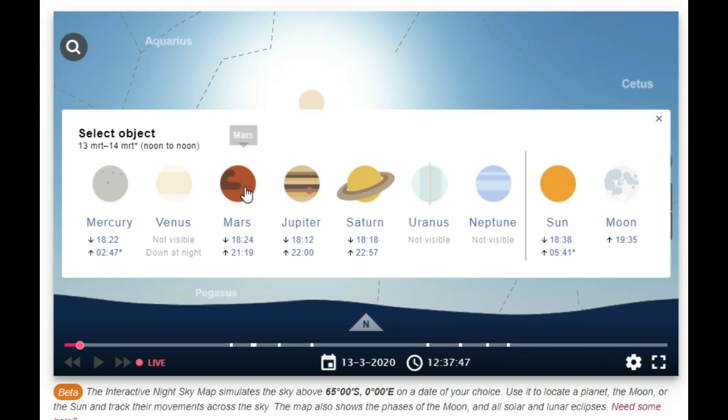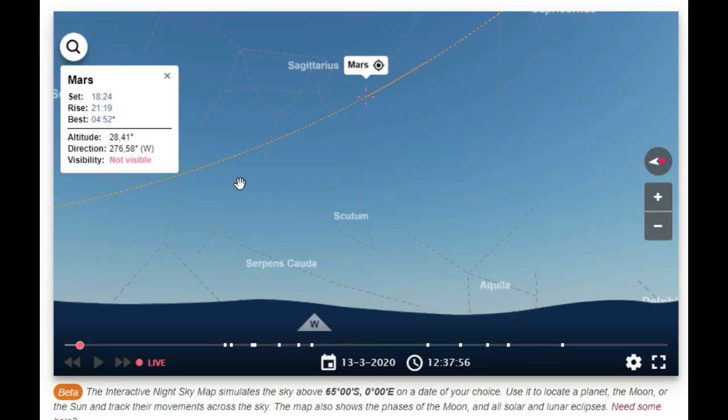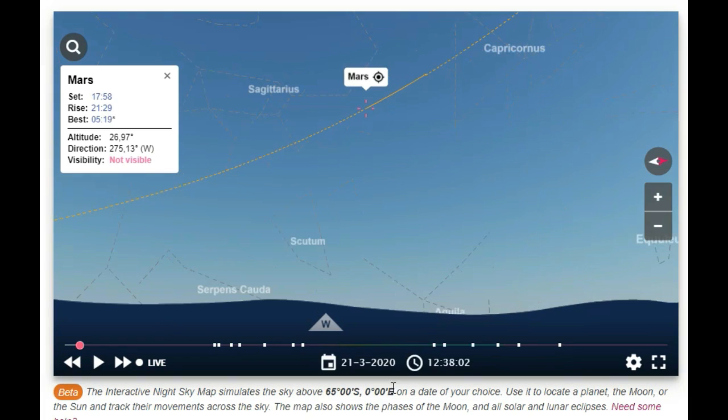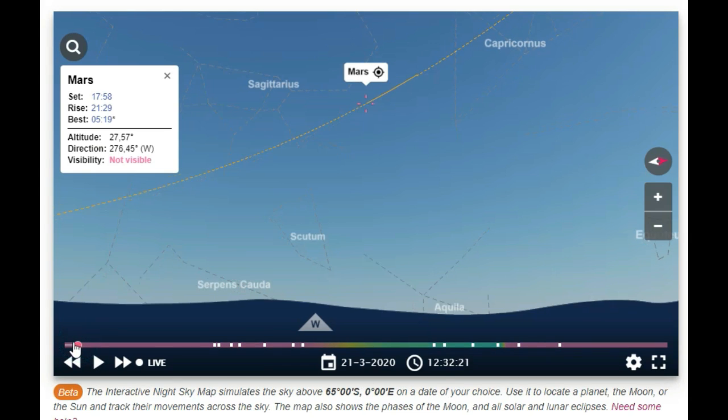Let's check Mars on the 65th latitude north and 65th latitude south. On March 21 at 12:07.